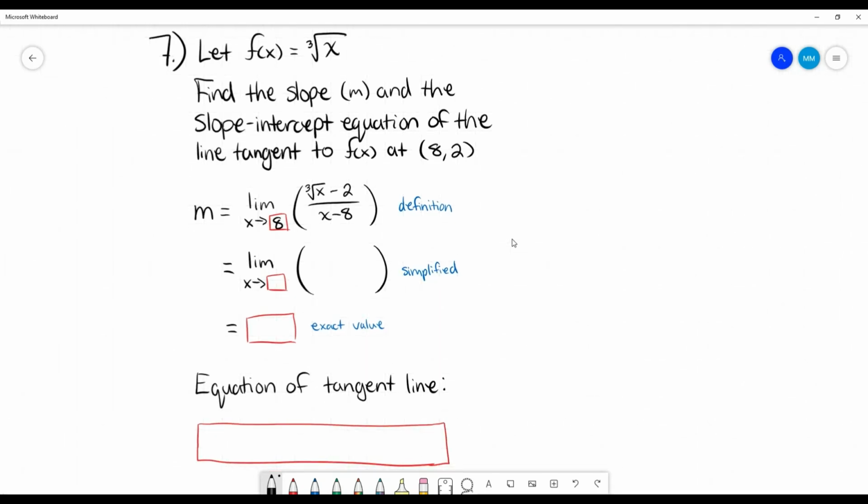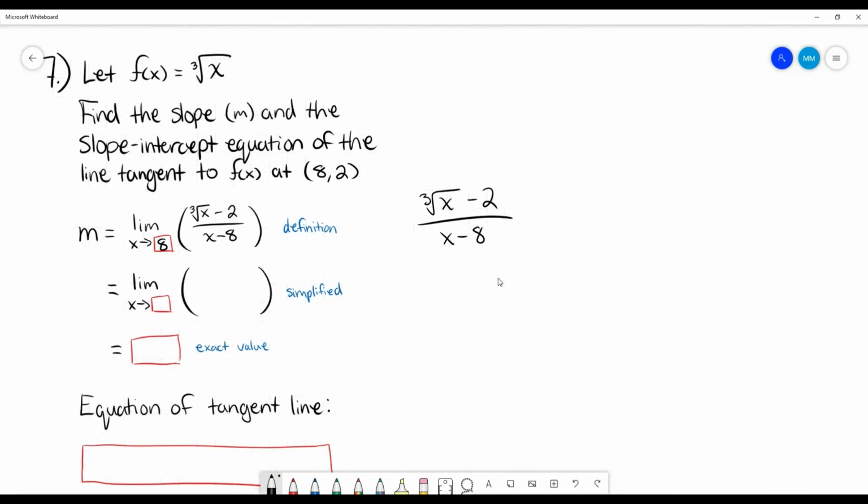And let's see what we can do there. I do want to simplify that, and that's a pretty tricky one to simplify, but I think that this is just part of a perfect cube. So let's try factoring this as though it were a perfect cube.